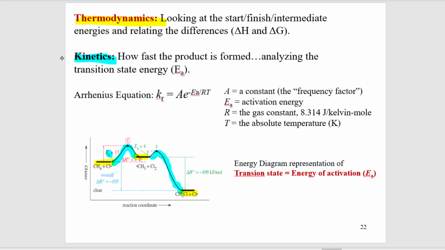You can go back to the Arrhenius equation, where you're looking at the rate of the reaction, and you're considering a frequency factor, which is A, the activation energy, EA, the gas constant, and the temperature. Okay, and that's how they're calculated.